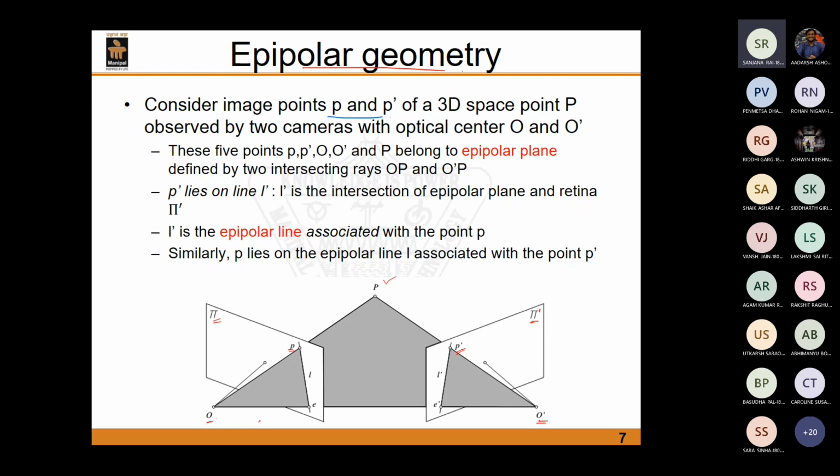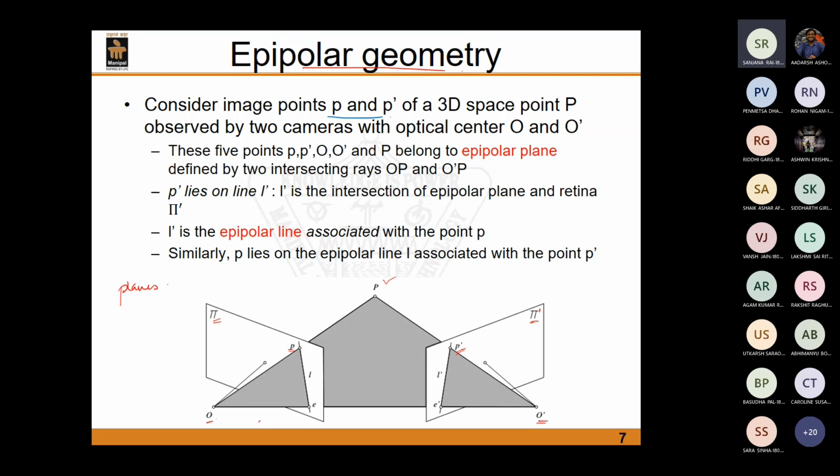One thing you need to recall is that two planes in 3D space will always intersect, just like in 2D space two lines will always intersect. In the case of 3D, equivalently, two planes will always intersect.